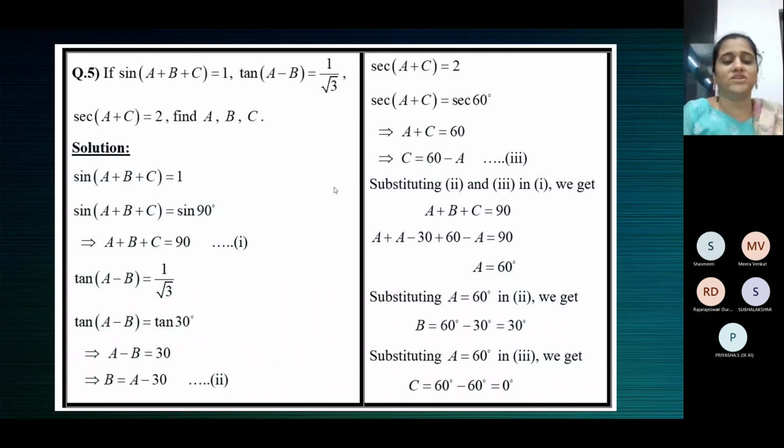Go through the answer, children. I'll share the images of today's class on WhatsApp. Just go through the answers. You can see here. You should write 1 as sine 90. And when you compare both the sides, you get A plus B plus C is 90. Tan 1 by root 3 should be written as tan 30. So A minus B is 30.